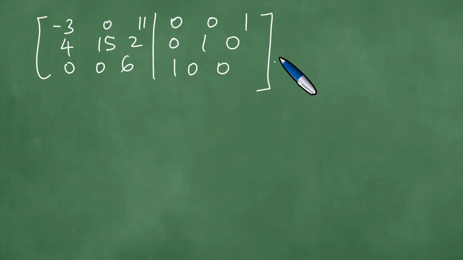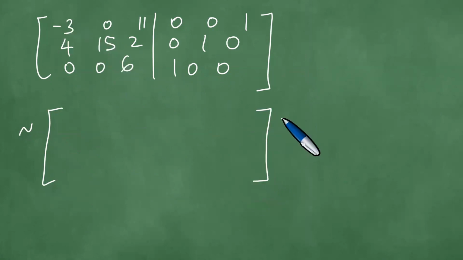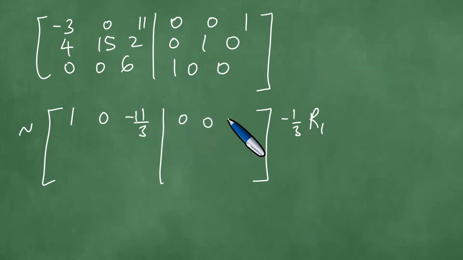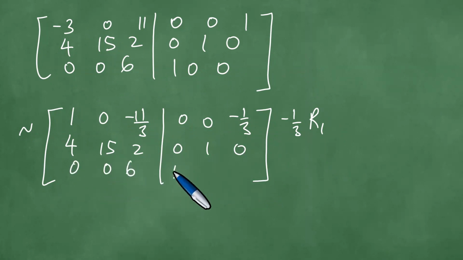Right, and then now we want to get the inverse, as usual in linear algebra, we multiply the first row by minus 1/3. 11 out of 3 here, 0, 0 minus 1/3. 4, 15, 2, 0, 1, 0, 0, 0, 6, 1, 0, 0.